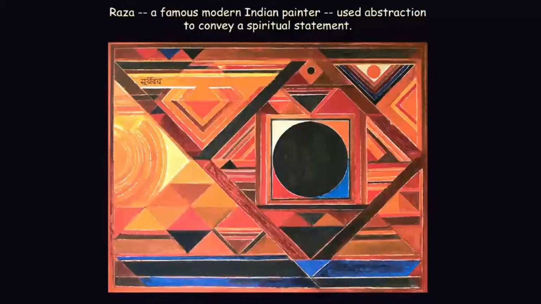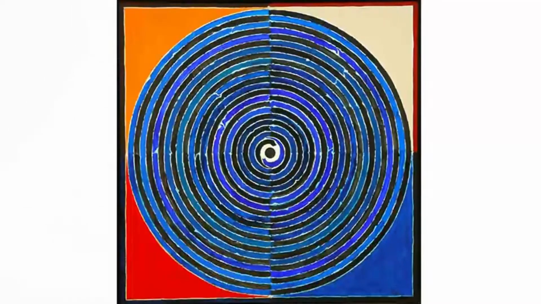So, when you look at these paintings by the famous Indian painter Raza, you can see that how he is using abstraction to convey a spiritual concept or a spiritual idea, like this one. And it is a very Indian concept that he explored.